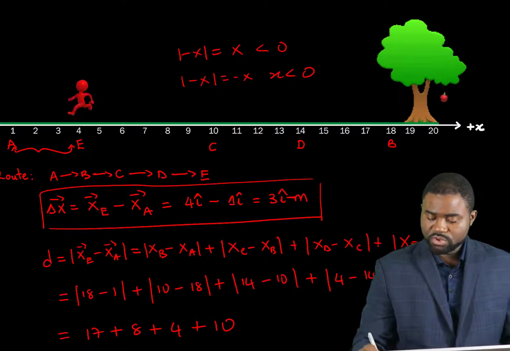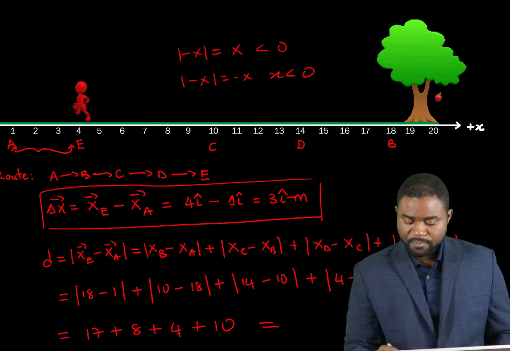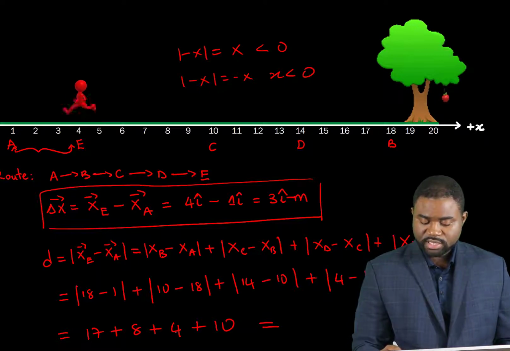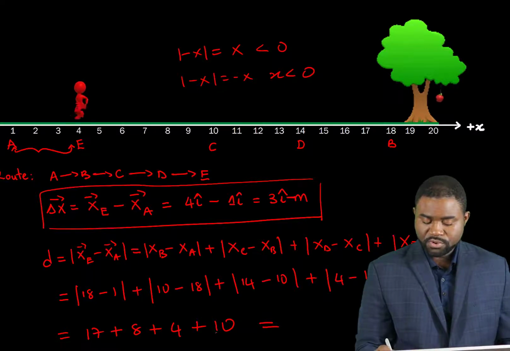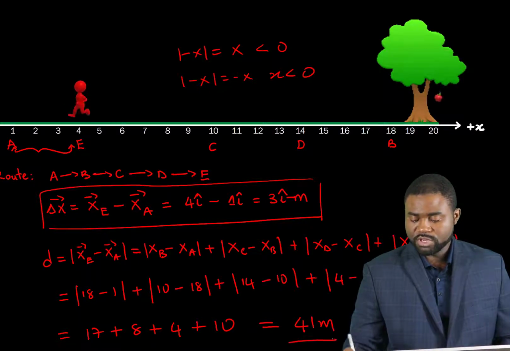So if we do the total calculations here, 8 plus 4 is 12, 12 plus 10 is 22, 22 plus 17 gives us 41. So this is 41 meters.